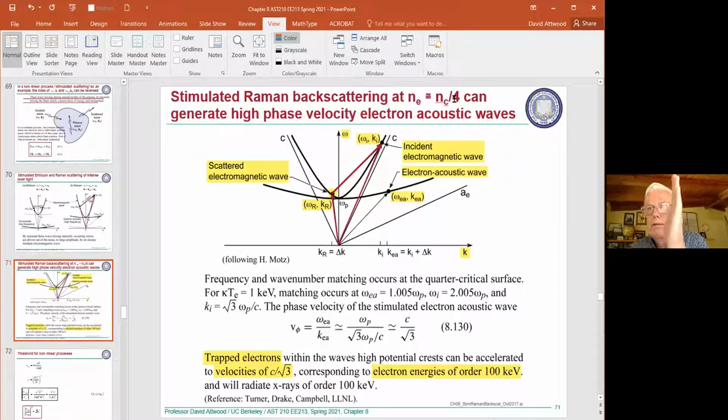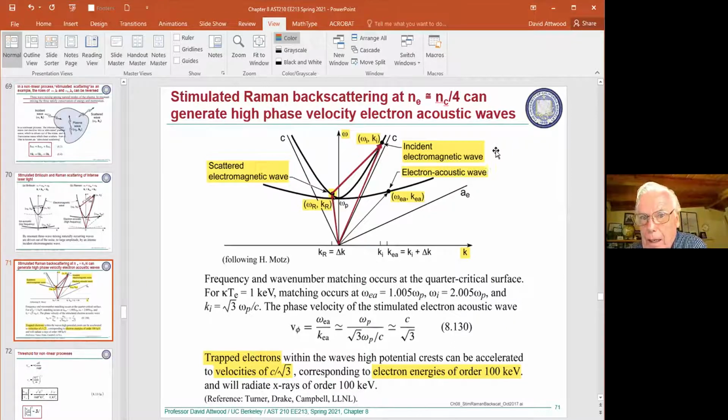So for light coming into a high density target, a microsphere that's ablating plasma, or even a thin film of metal or something like that that's ablating plasma, the light is propagating towards the critical surface where it's being absorbed, and eventually whatever is left at the critical surface will be reflected out. But before that, at a little bit lower density, the critical density over 4, is where this Raman process can take place.